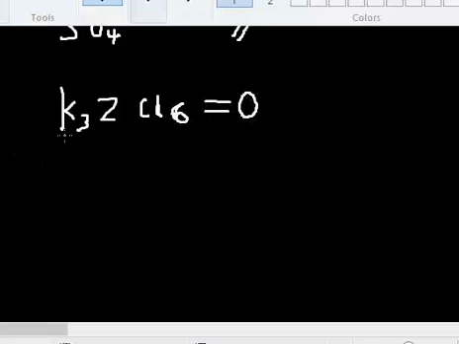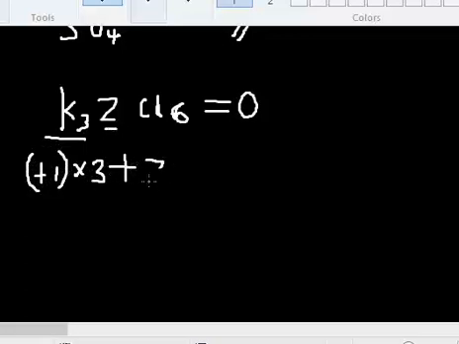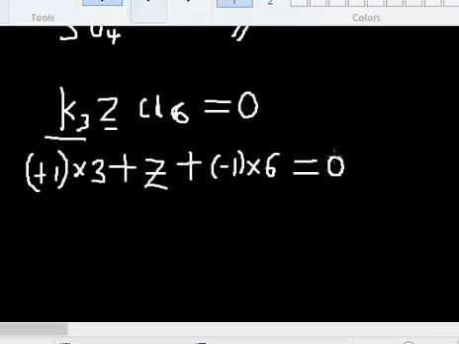For potassium, the valency is +1, and I have 3 atoms of potassium, so I multiply by 3, plus the oxidation number of Z, which I'm looking for, plus chlorine, whose valency is -1, multiplied by 6, equal to 0.